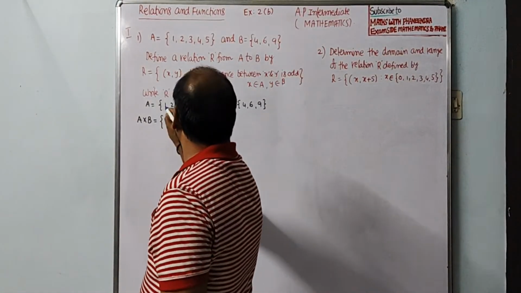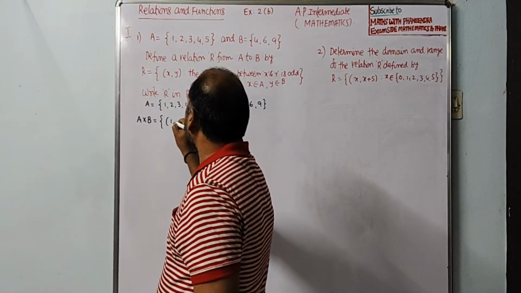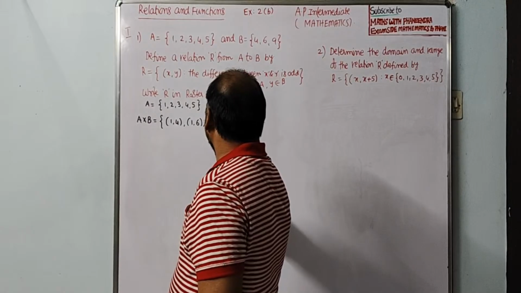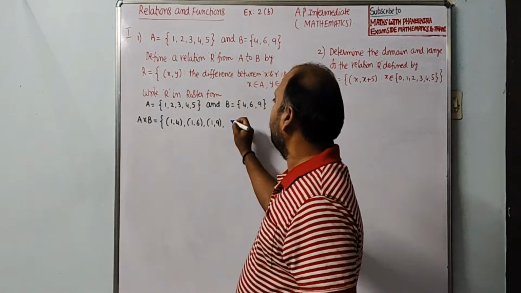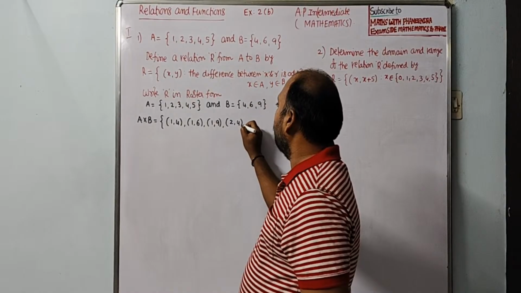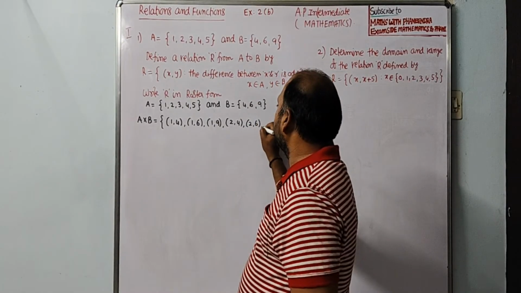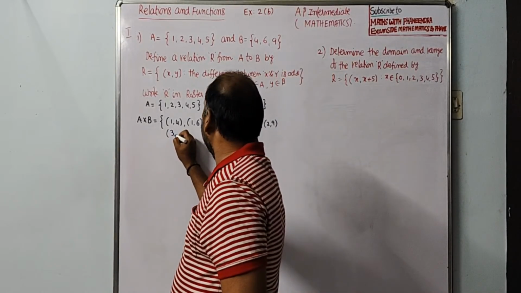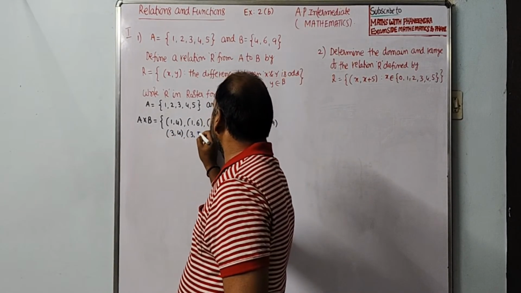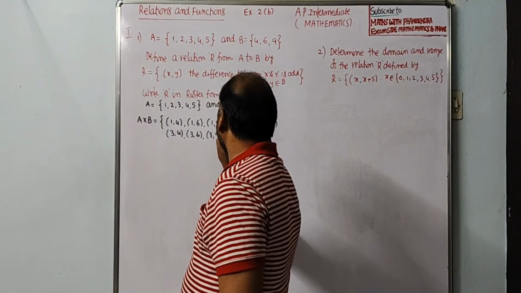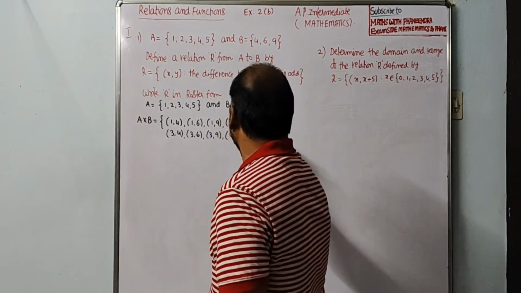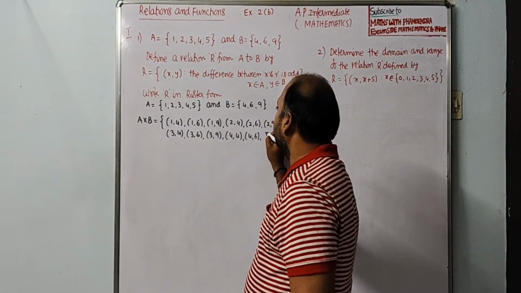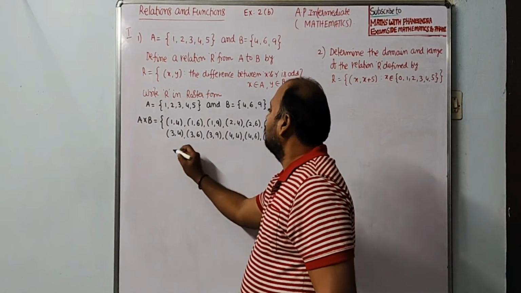First you have to write 1 comma 4, next 1 comma 6, 1 comma 9. Later start with 2: 2 comma 4, 2 comma 6, 2 comma 9. Next 3 comma 4, 3 comma 6, 3 comma 9. Next start with 4: 4 comma 4, 4 comma 6, 4 comma 9.